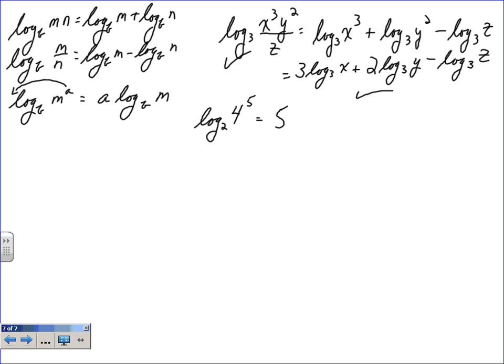It's going to be 5 times log base 2 of 4. And we know log base 2 of 4 is 2, because 2 squared is 4. And 5 times 2 is 10. So 2 to the 10th power is equal to 4 to the 5th. So another way that we can use that property.